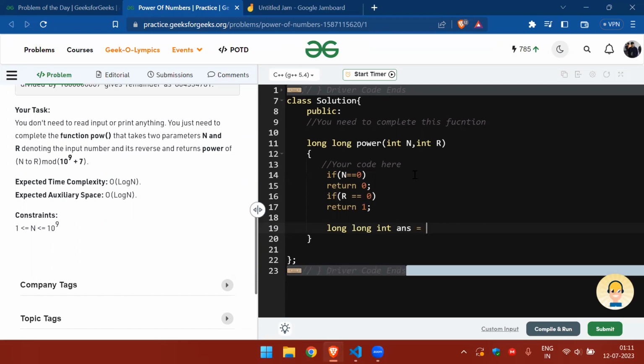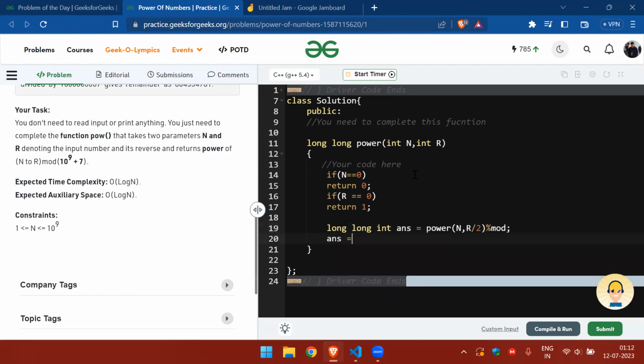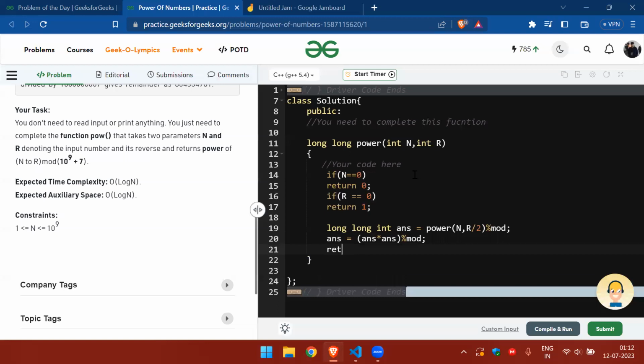Long answer equals power of n comma r divided by 2, and we'll take the mod. Now answer equals answer multiplied by answer, and we'll take the mod. Now we'll return the answer.